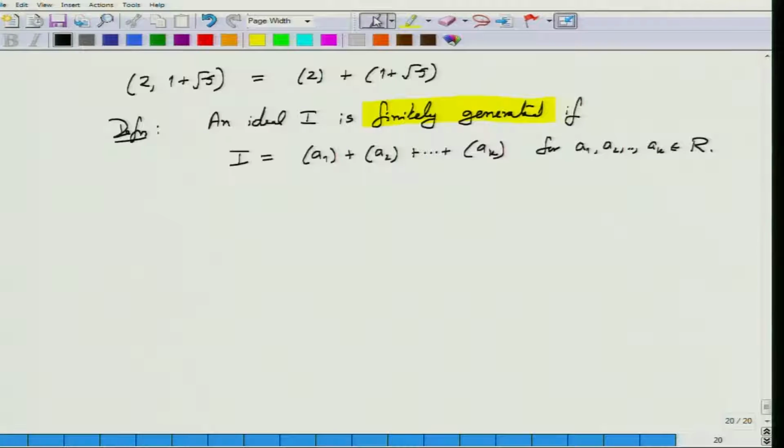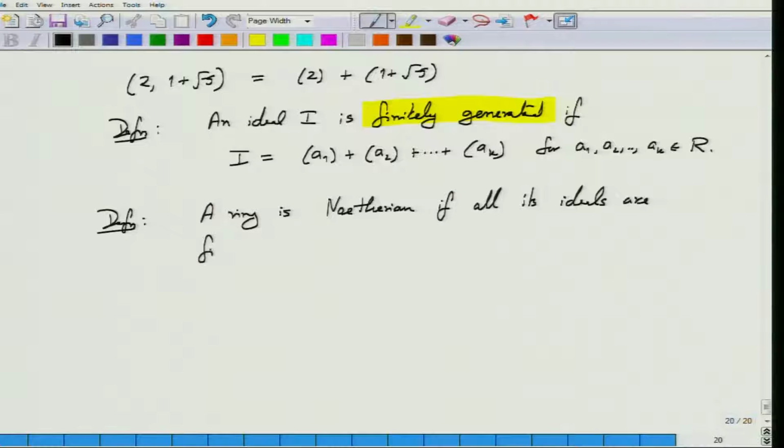And that's a very natural definition. And then we say a ring is called a Noetherian ring if all its ideals are finitely generated.